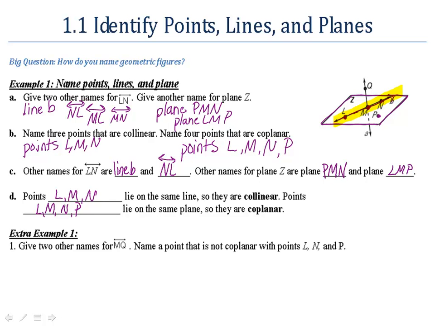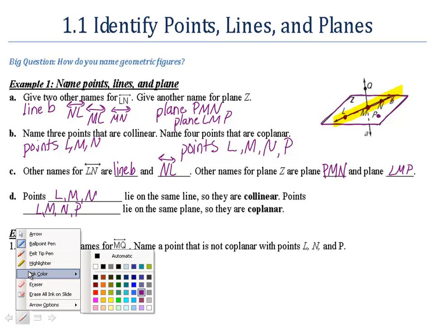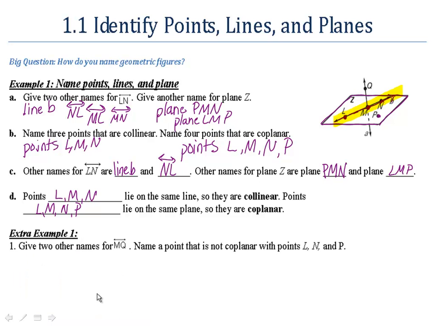Our extra example here. So give two other names for line MQ. So let's find our line MQ. Line MQ is right here. So it's got M on it and it's got Q on it, and a is a lowercase letter. That is not a point. So I can call it line a.